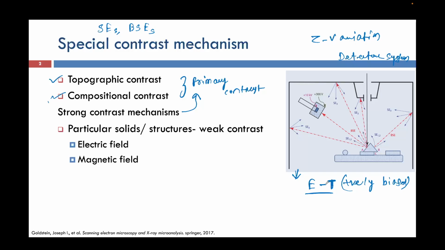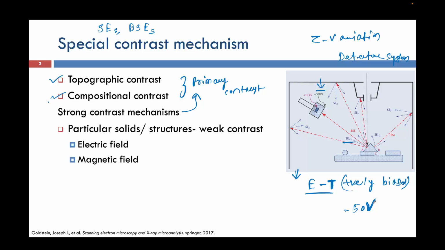Why positively biased? Because you can see in this portion that a positive potential is given, plus 300 volts. Why a positive potential? Because all the secondary electrons coming out of my sample are negatively charged, but their energy is very small, within about 50 volts.